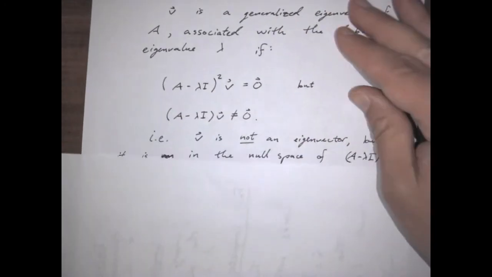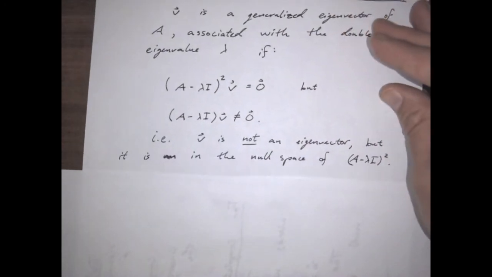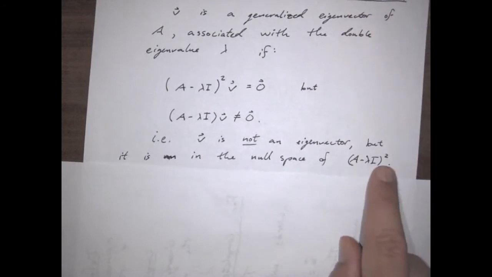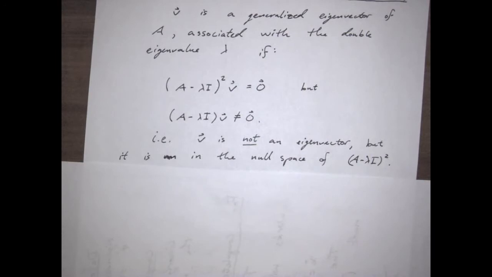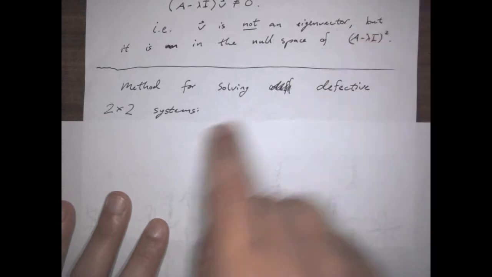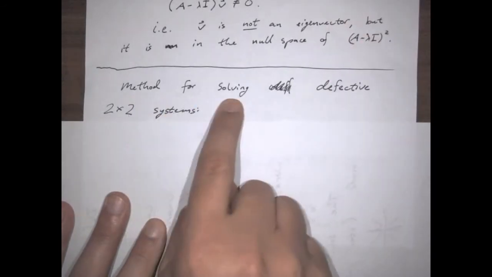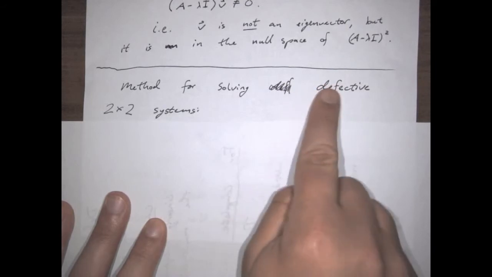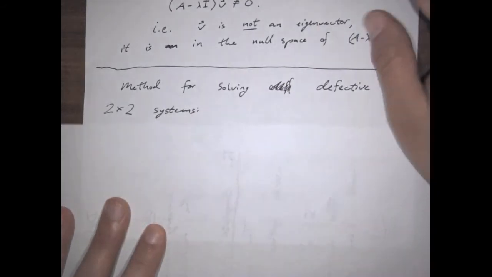And the square, by the way, is what makes it rank 2, but since we're just dealing with 2 by 2 matrices, that's the only kind we're going to be talking about. Now, here is a generalized method that we will use that takes into account these generalized eigenvectors for solving defective 2 by 2 systems.